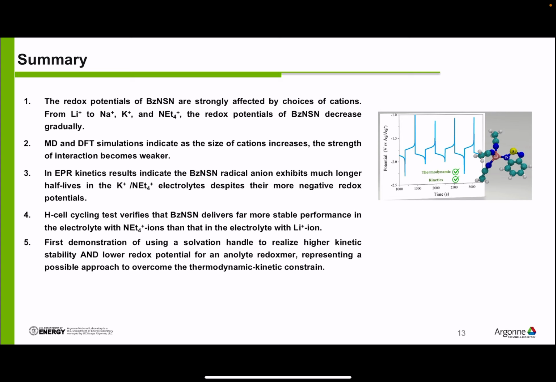And the EPR kinetics results reveal that the larger cation electrolyte can give a much longer lifetime despite its very negative redox potential, which is also verified by our H-cell cycling results.